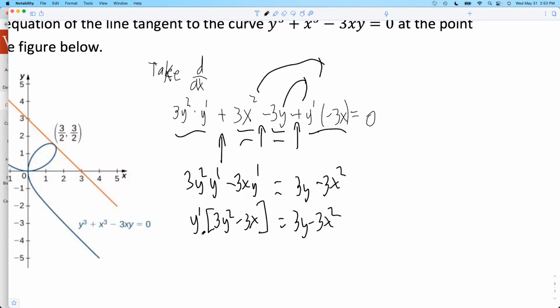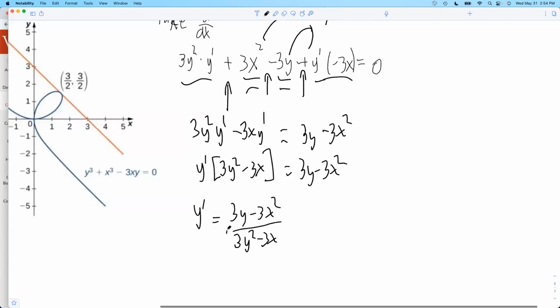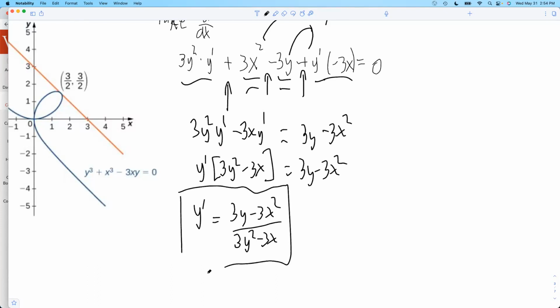So factor out that common factor and then divide. And you're always going to get some nasty looking fraction like this. And it's going to have x's and y's in it. Y prime is going to be a function of both x and y.